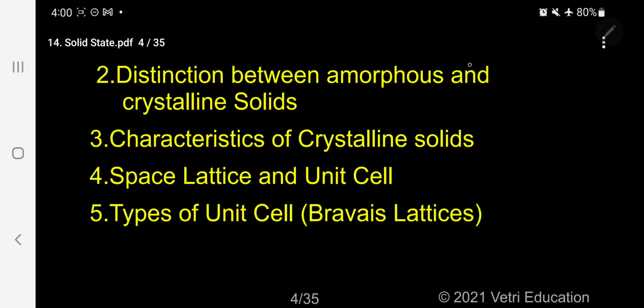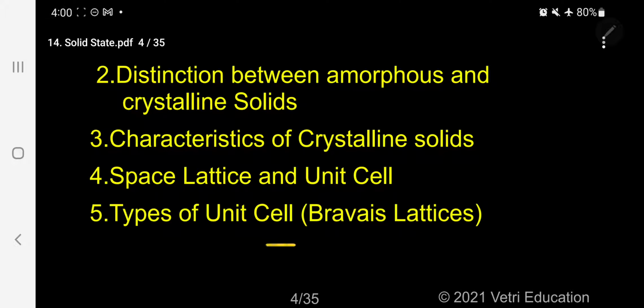Fifth, types of unit cell, that is Bravais lattices. Under this we have 14 crystal systems. Kindly follow.